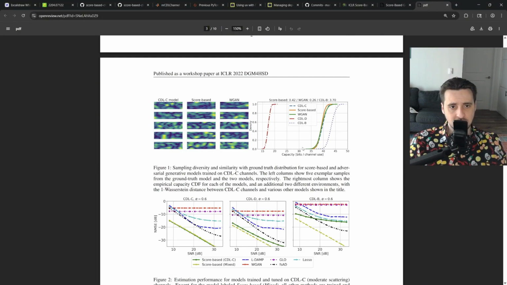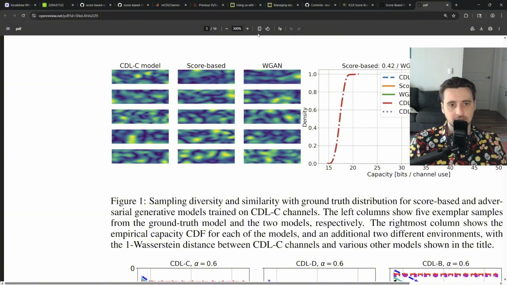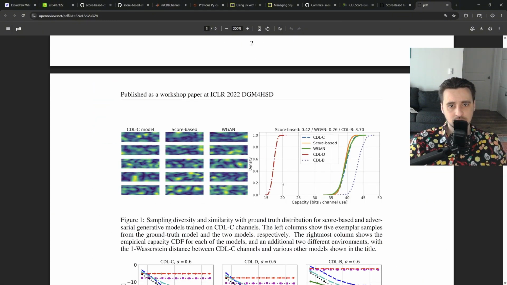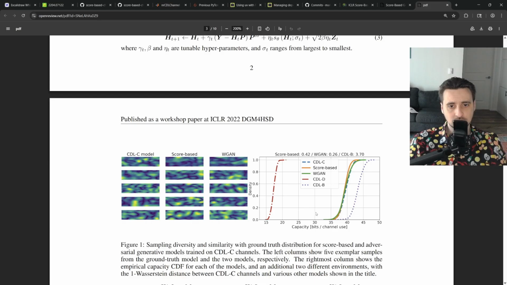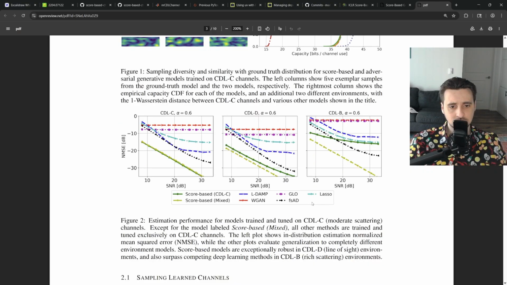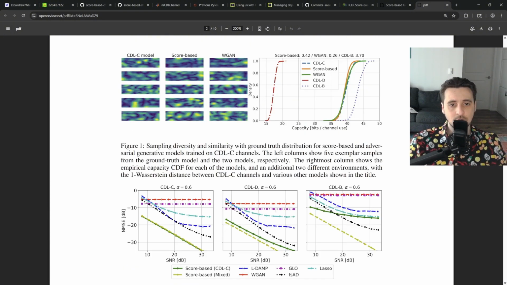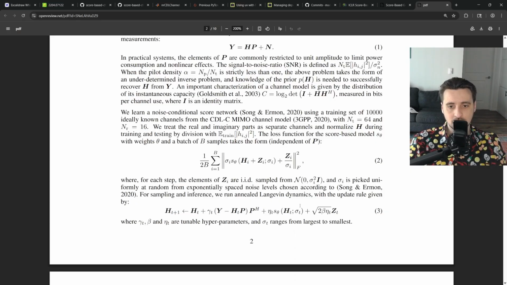Here is where I produce synthetic channels. Gamma T0. What is gamma T?